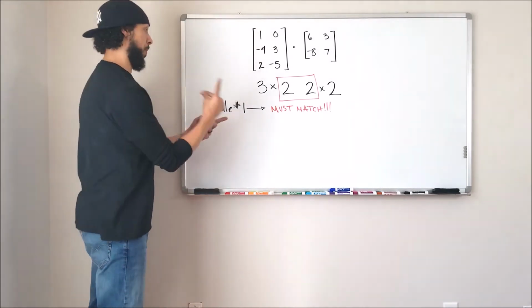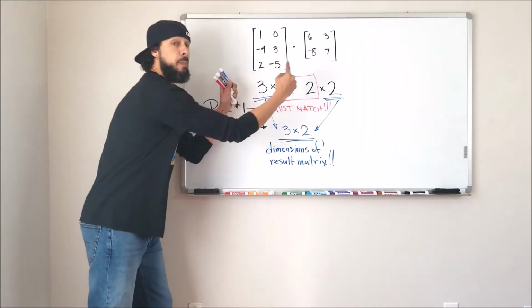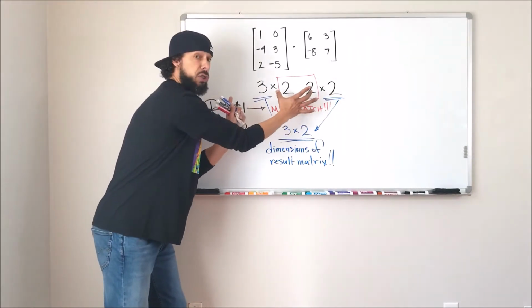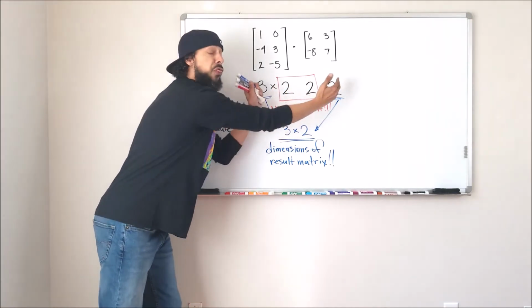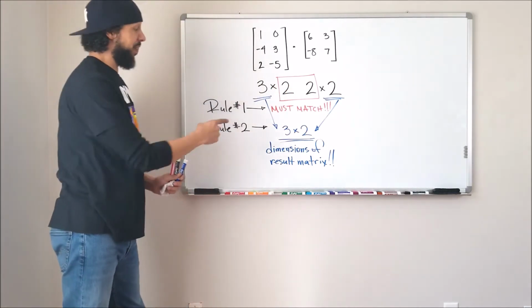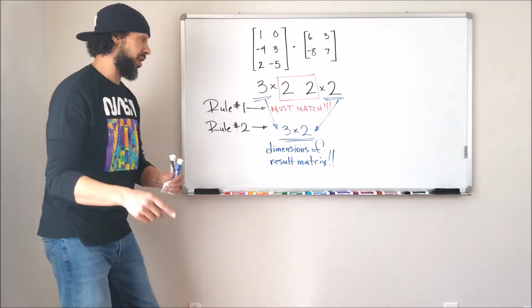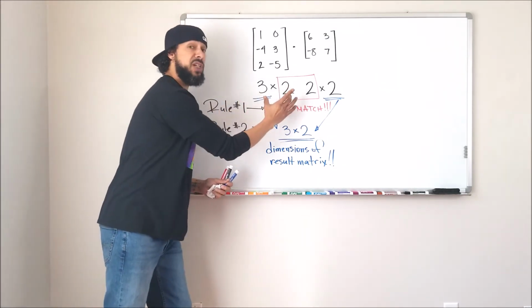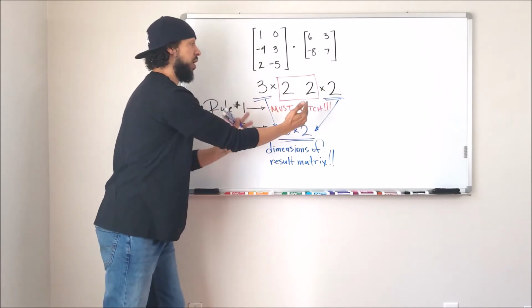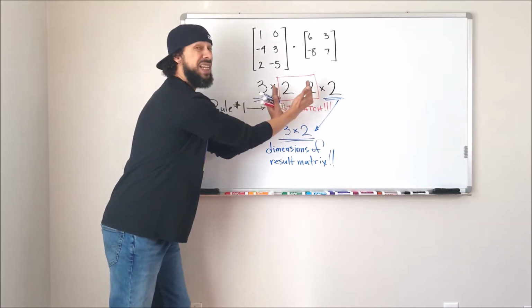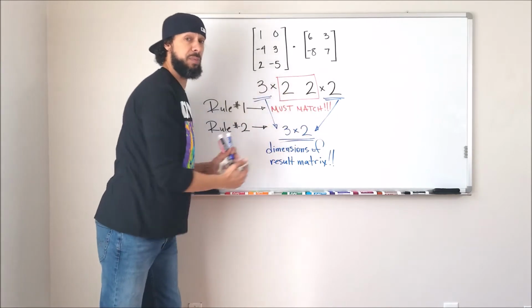Rule number two: the numbers on the outside of this particular sentence will be the dimensions of your result matrix. So, in summary, if I multiply a 3 by 2 matrix times a 2 by 2 matrix, these two numbers on the inside have to match to multiply.